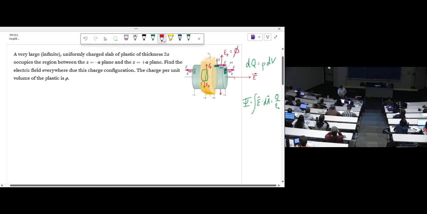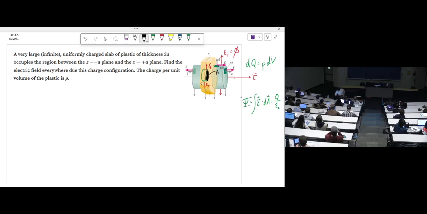So what I'm trying to get you to see is we're only concerned about integrating over this surface area right here. We'll call this A. We don't have to integrate over the walls.